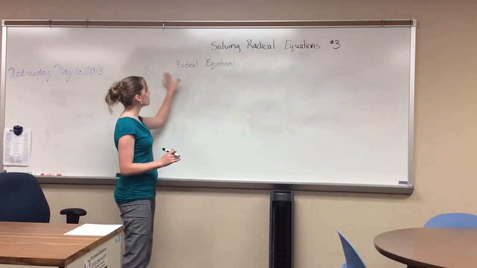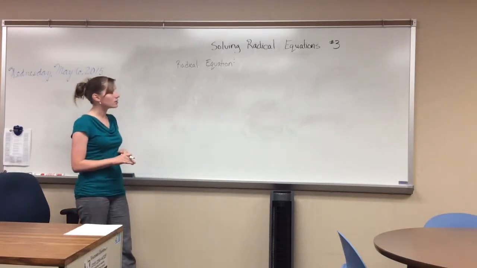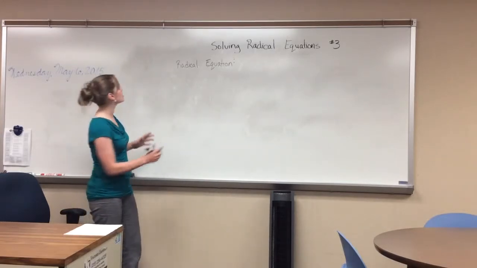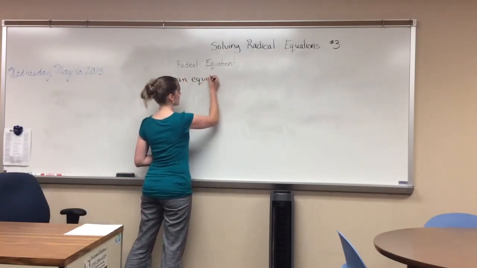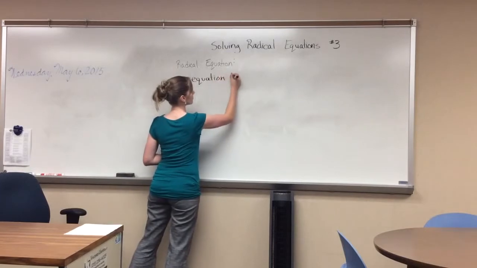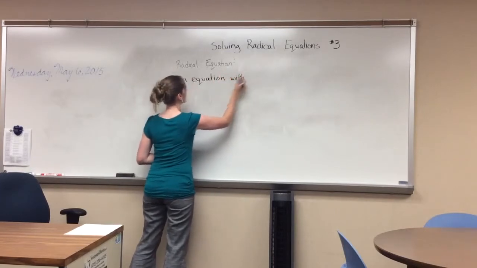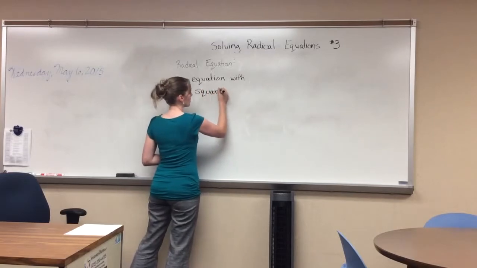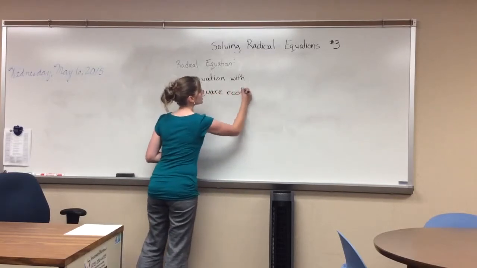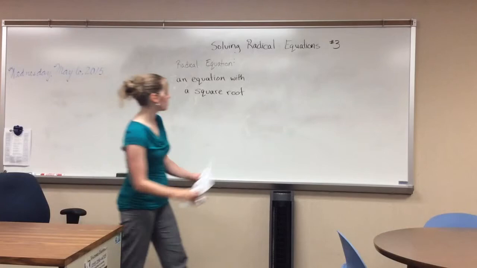So just for a quick review, a radical equation is just an equation with a square root in it. Also for review, let's talk about how we solve radical equations.